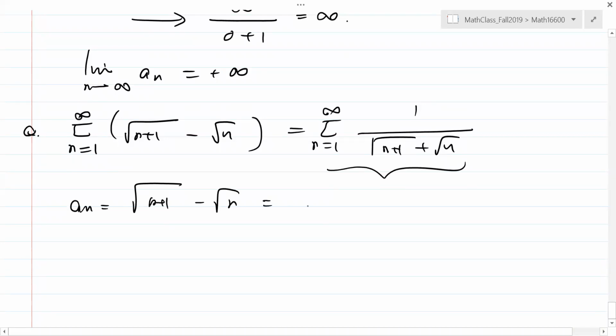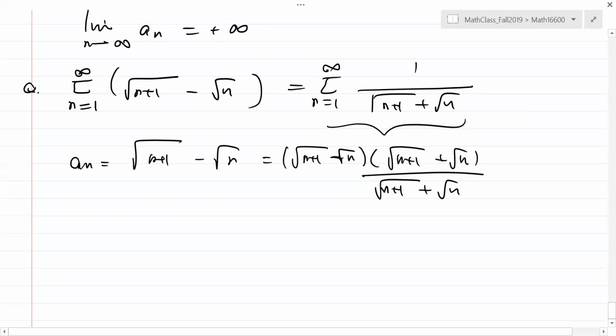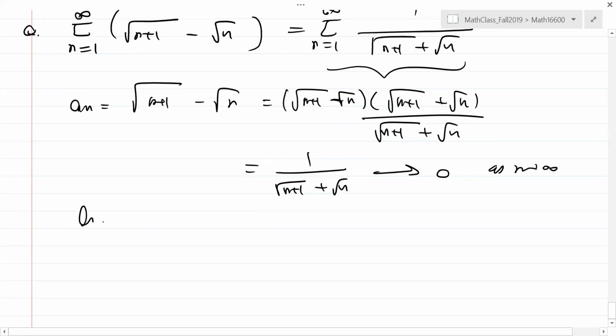But when you look at this and you use a standard method to change it, look, right? The numerator is n plus 1 minus n. That's why it's going to be 1 over n plus 1 plus. And unfortunately, this approaches 0 as n approaches infinity, right? So that means the limit indeed approaches 0.